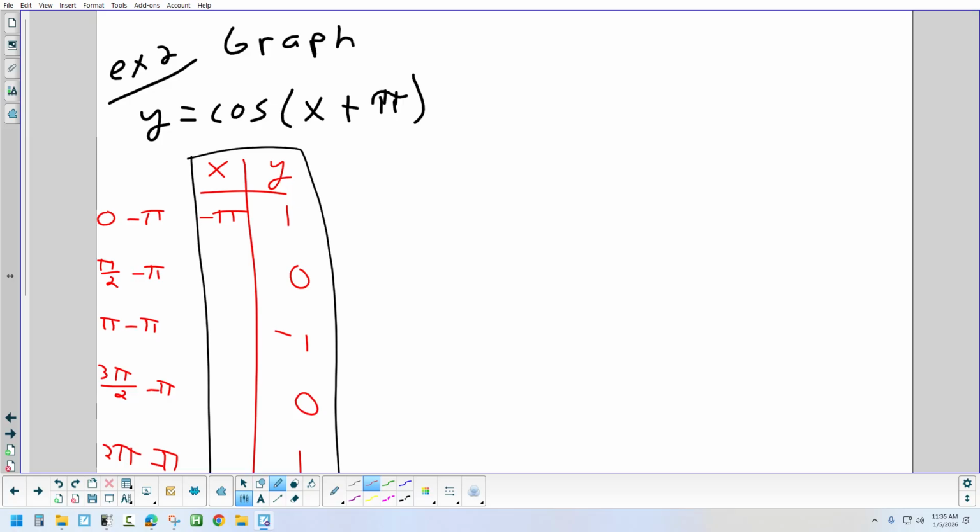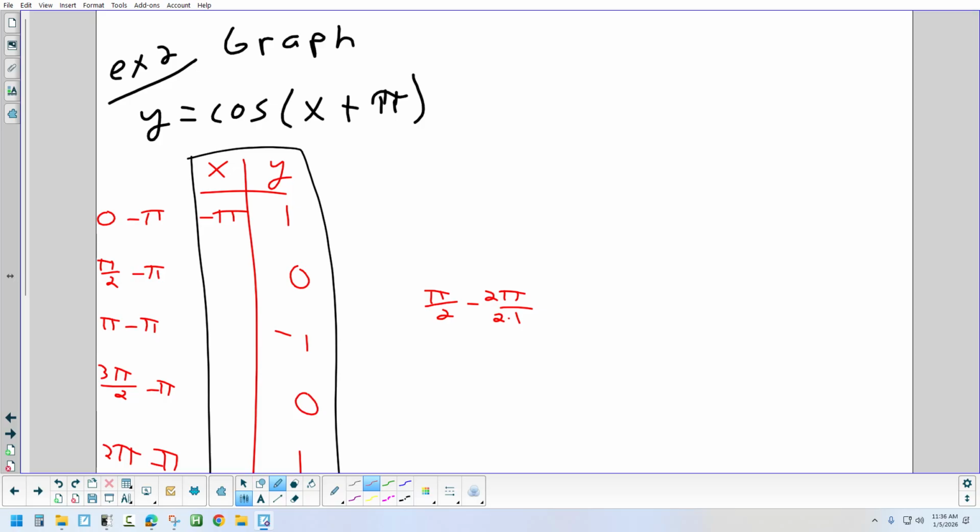Okay, so subtract pi from all of them, and then that'll be your new x's. The first one, 0 minus pi is negative pi. How about pi over 2 minus pi? What's your common denominator there? 2. So 1 pi over 2 take away 2 pi over 2 is negative pi over 2.